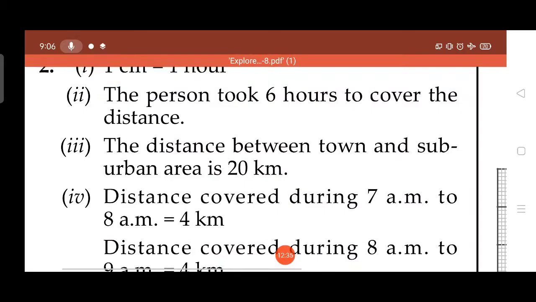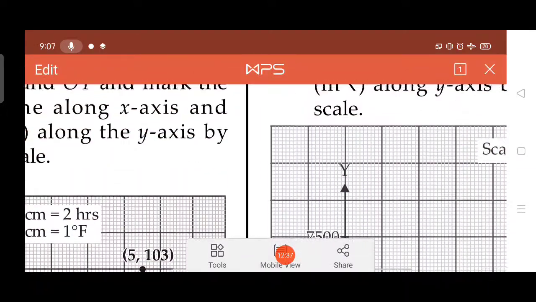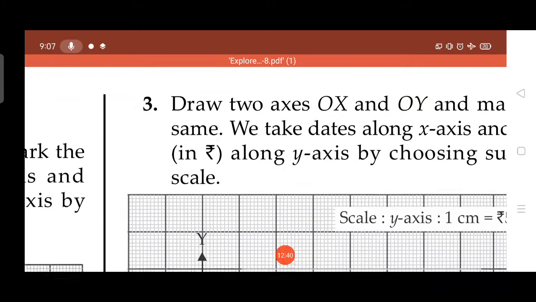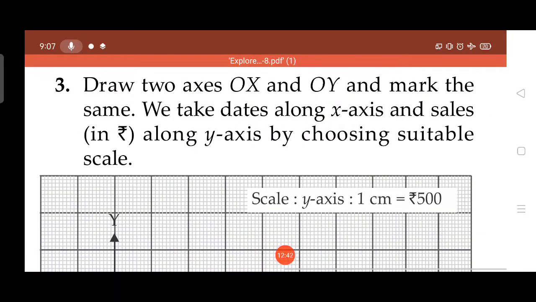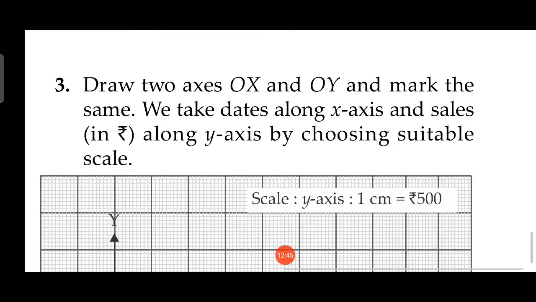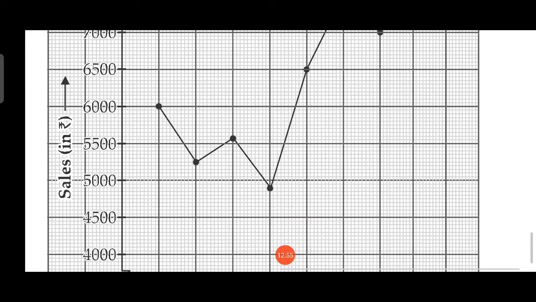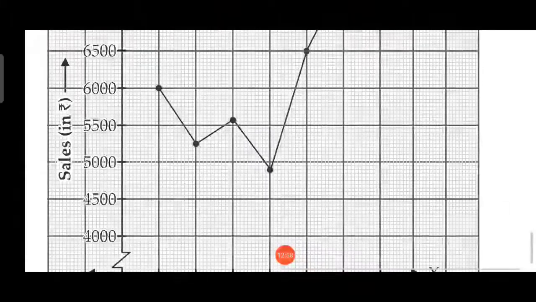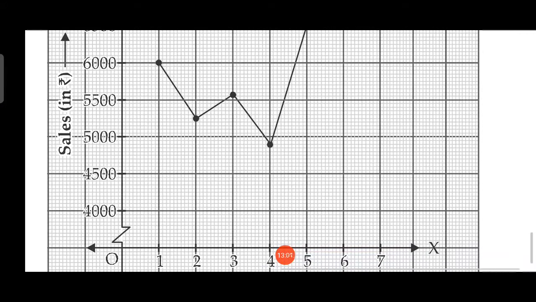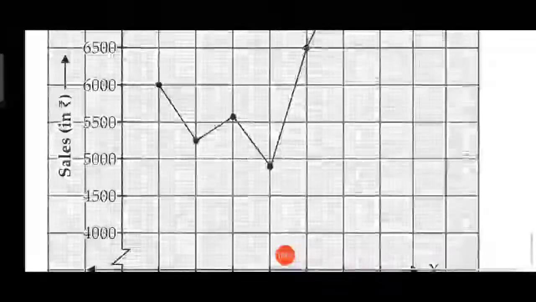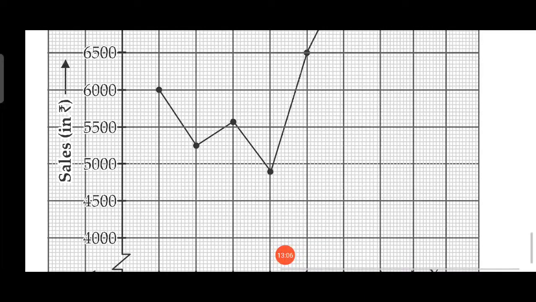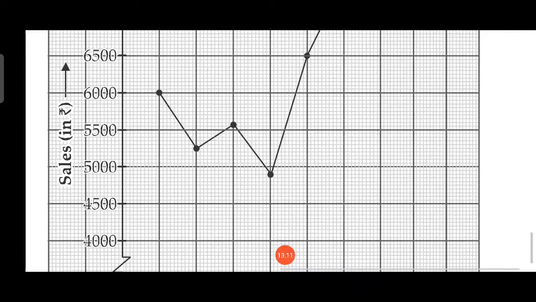Now we'll go for question number 3. The sales of a commodity in the first week of March 2010 are given below. Dates we have to write on the x-axis and sales on the y-axis. As in question 1, the same way we have to represent the line graph using the following data.